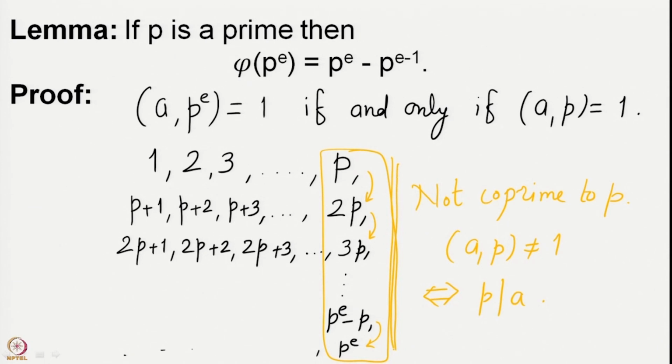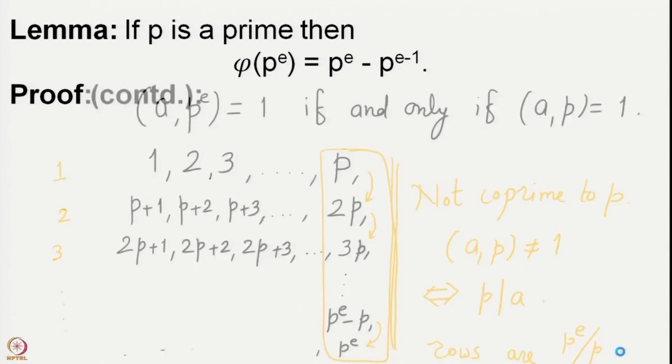How many multiples have we found? Let us count this as 1, this is 2, this is 3 and so on. The total number of rows here is p^e upon p. These many rows we have.